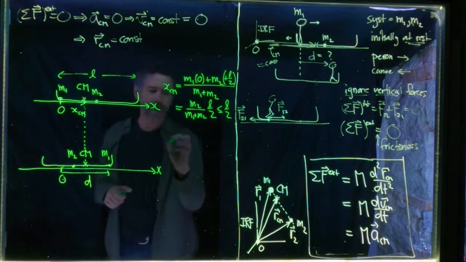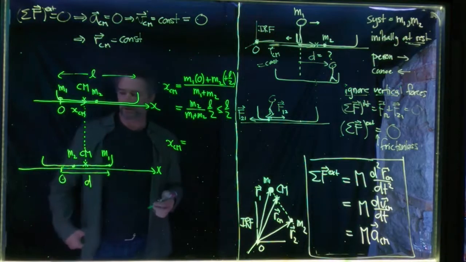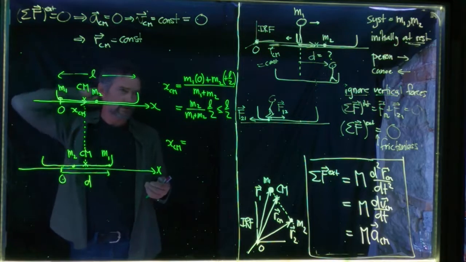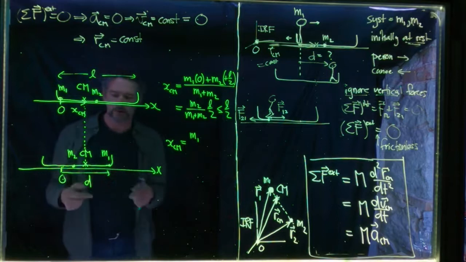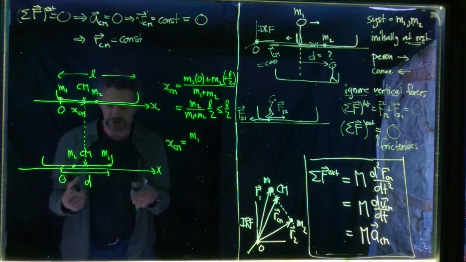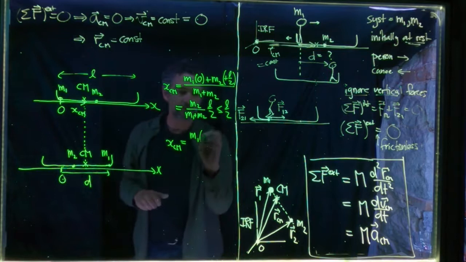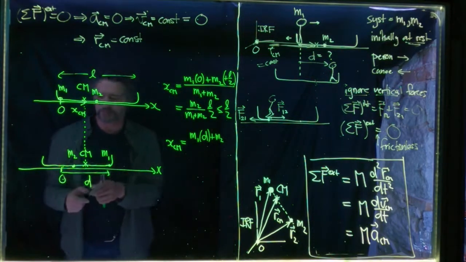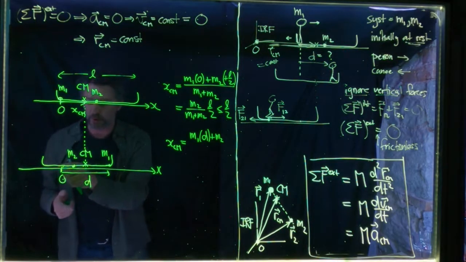So how do we do this? x center of mass, recalculated in this new situation, is a mass-weighted sum of position vectors. So we'll say mass m1 times the x component of the position vector pointing from the coordinate origin to mass m1. Well, that's just the distance d that we're trying to figure out. So that's m1 times d plus m2, the mass of the canoe, times the x component of the vector pointing from the coordinate origin to m2.